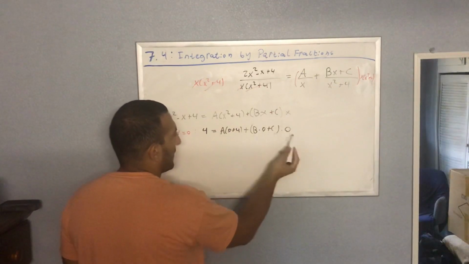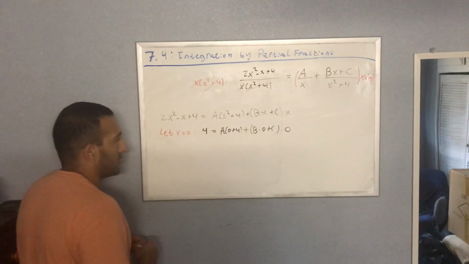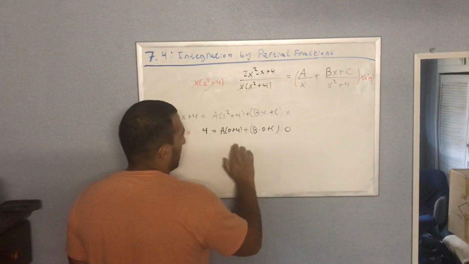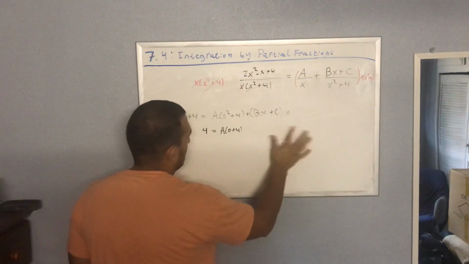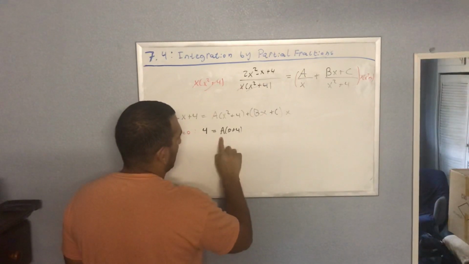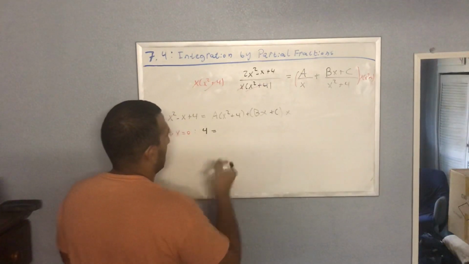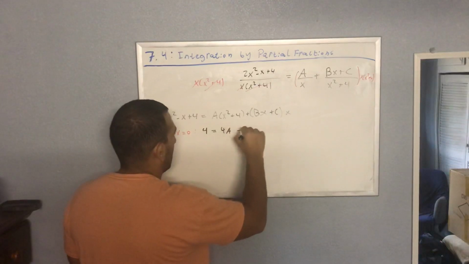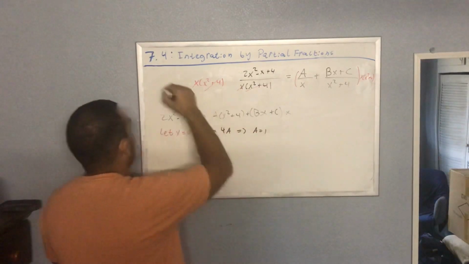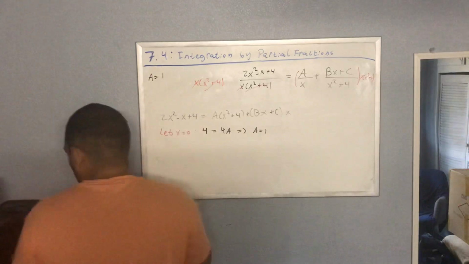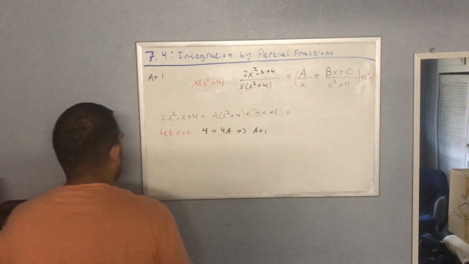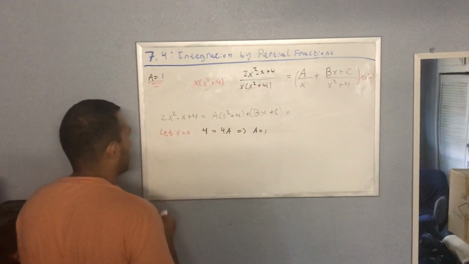Well, this times 0 is going to kill all of that off, which is fine. So this goes away, that's why we chose x is 0, and then this is 4, so 4A. And that immediately tells me that A is 1. So A is 1, we'll keep that in the back of our heads.